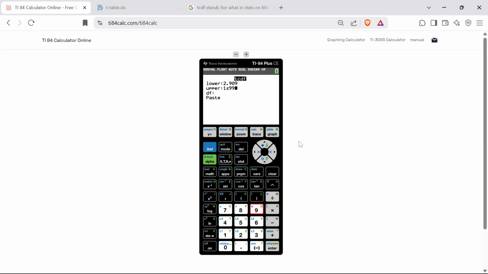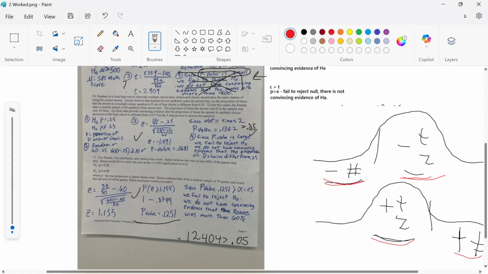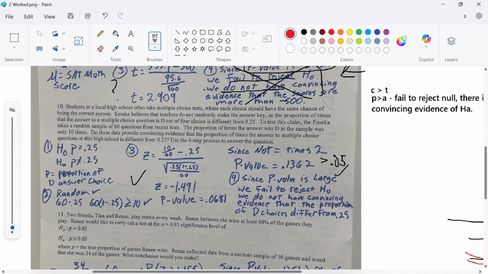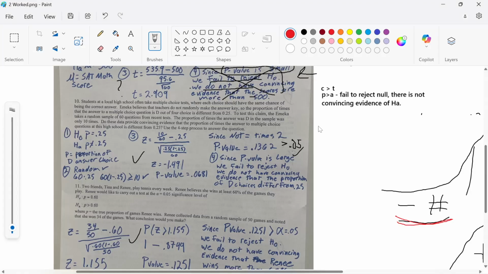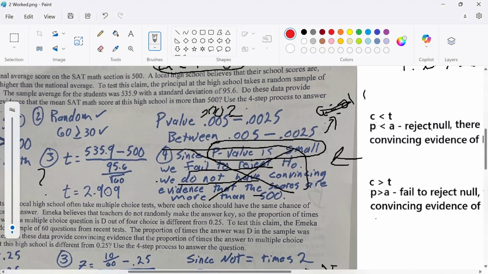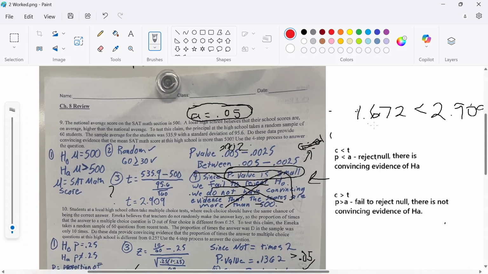I know I can put 1,000 there too. The degrees of freedom is the sample size minus 1, and in this one the sample size is 60, so I subtract 1 to get 59. Then I go down to paste, and boom, I get my p-value, 0.00255.